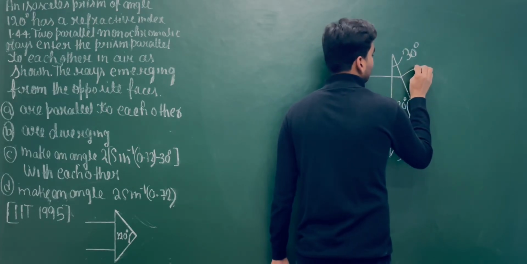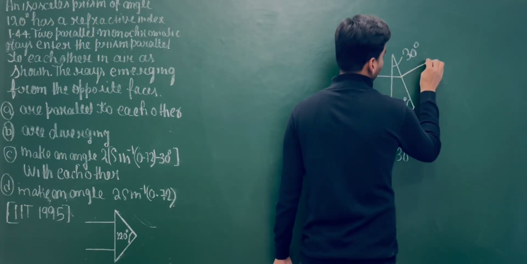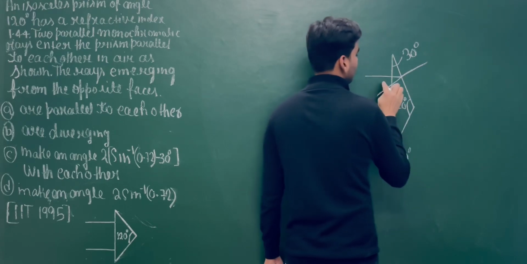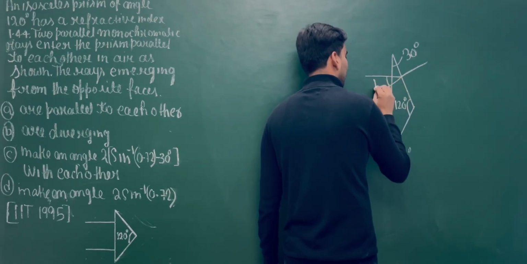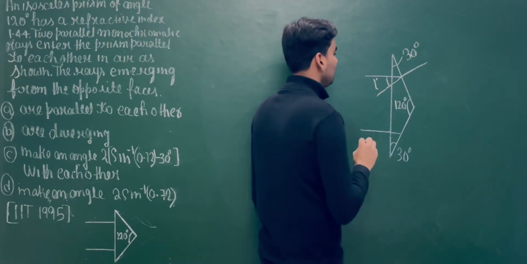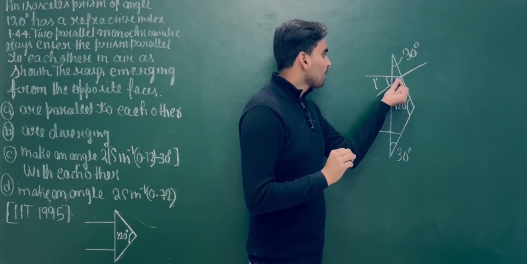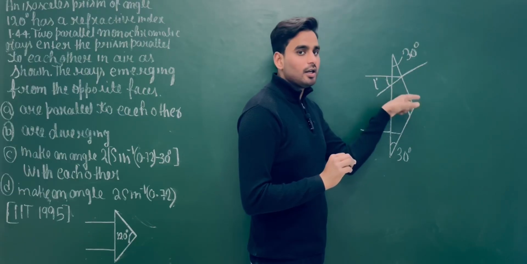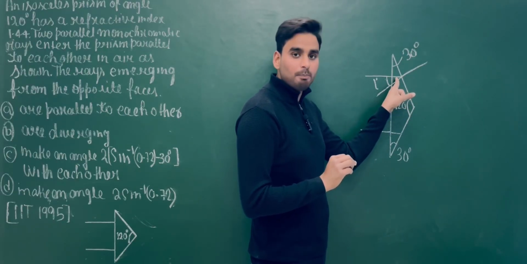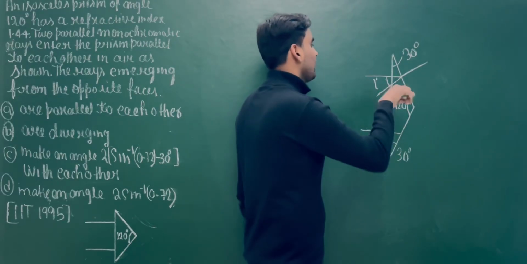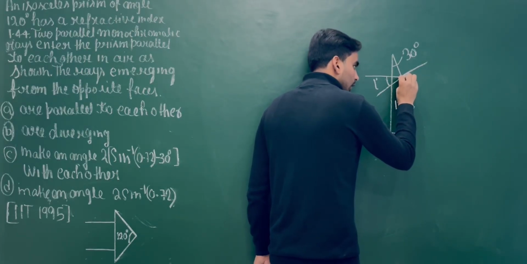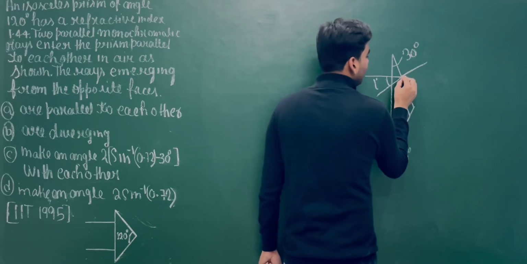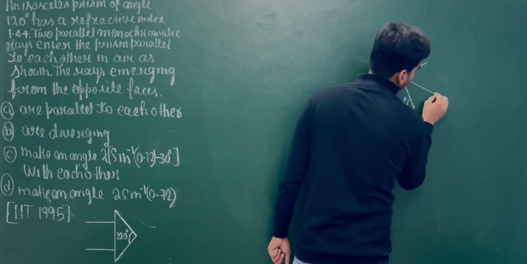Suppose that this is the normal for this surface and this ray hits this surface at an angle I. Because this ray is finally coming from the prism and it has to move in the air, it bends away from the normal.